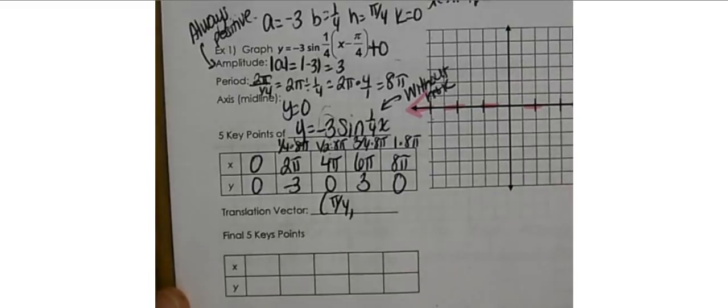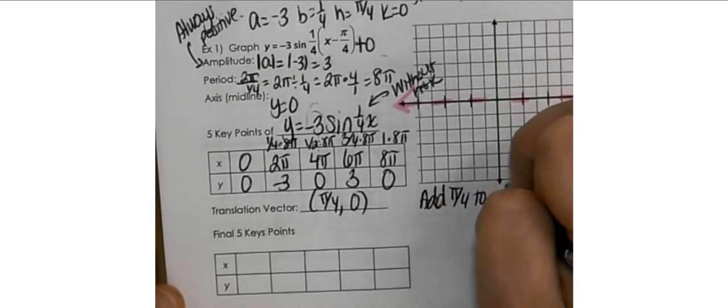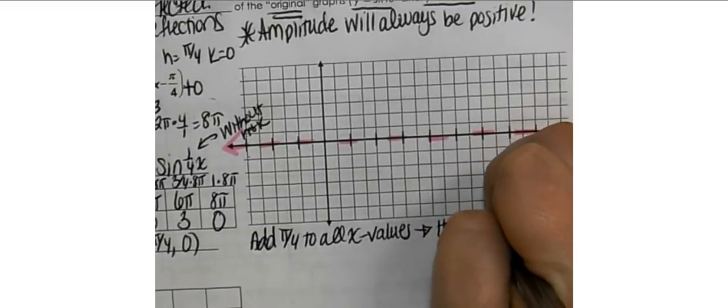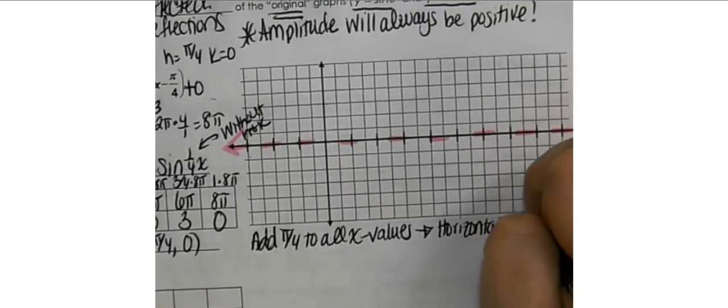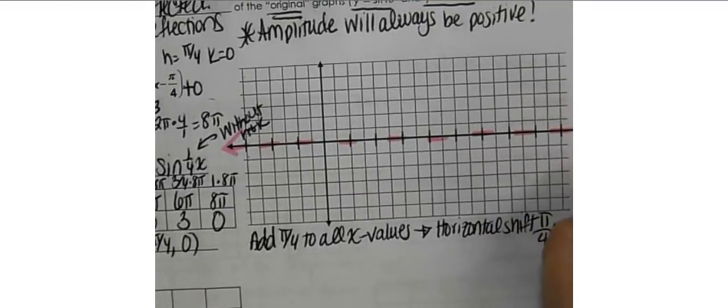Now my translation vector, since h is pi over 4, I'm going to write pi over 4 first, and then my k value is 0. And what this means is that I'm going to add pi over 4 to all x values. And what that indicates is that I'm going to have a horizontal shift of pi over 4 units to the right.